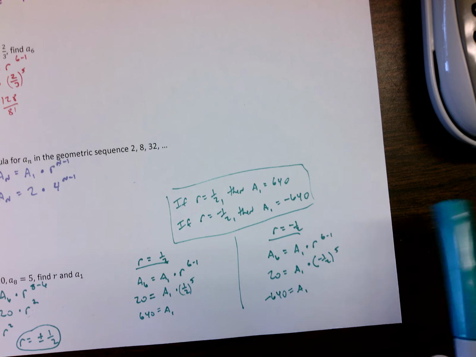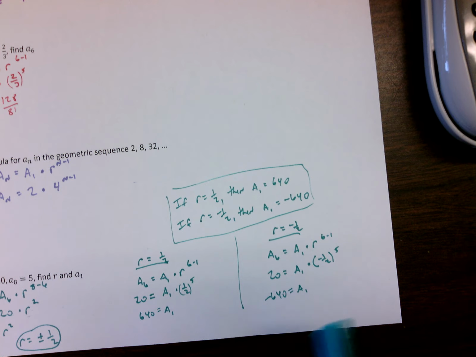So if this had just been shifted off by 1, they could have started with the same number and then just got different answers later on. So it's not always necessarily going to be different numbers for A sub 1 if the r values are different, but sometimes it will be. And sometimes it'll be a little bit more dramatically different than just having a sign change. Okay, so that's just something you want to make sure you watch out for.